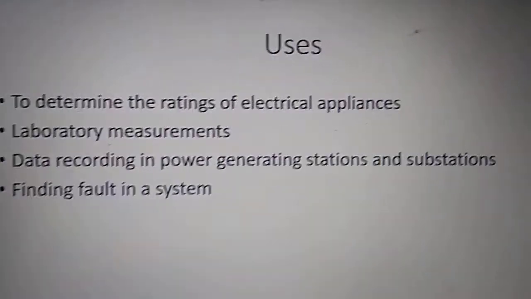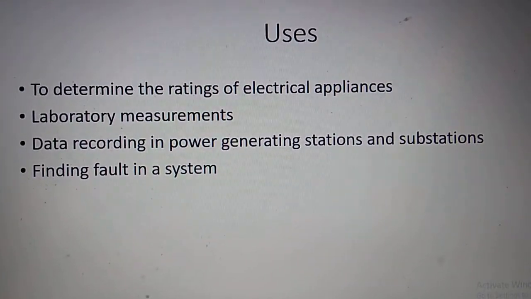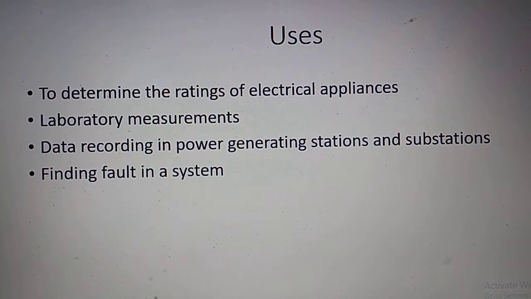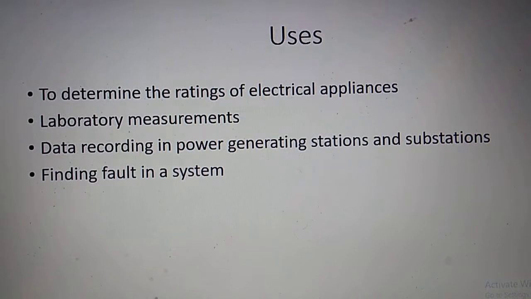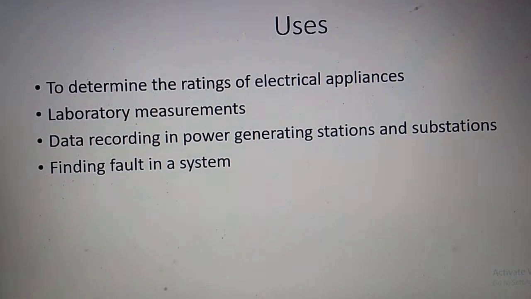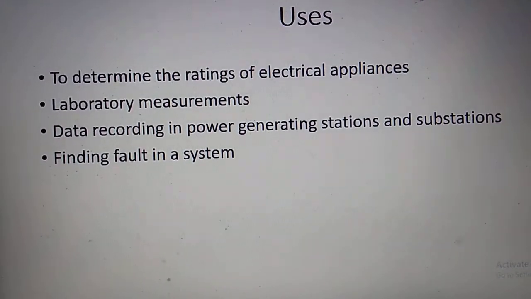Now, some of the uses. To determine the ratings of electrical appliances: as you have seen, in every electrical appliance there is a label mentioning the maximum current the appliance can use, and the maximum voltage rating, beyond which it may get damaged.